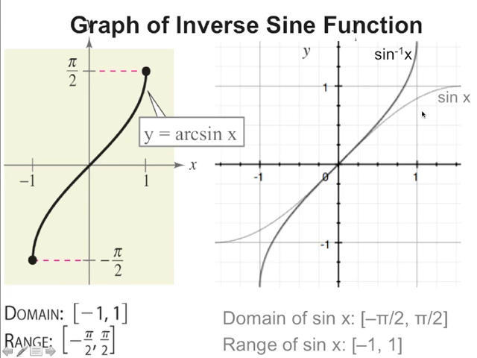Now let's just look at the light gray curve. We have sine x, and that's our light gray curve. Notice how the domain has been restricted. It's just from negative pi over 2 to pi over 2. Notice here that on this x-axis each tick mark is worth a quarter unit.